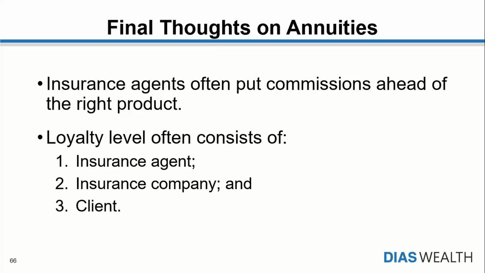I've heard things from just about everybody that's out there, and I've had situations where agents say, you know what, I need to make sure that I make a good commission on this annuity. So it's really a problem when that happens. And a lot of times the loyalty level is backwards because they often put themselves first or the insurance company first or second and put the client last, when in reality the client should always come first.